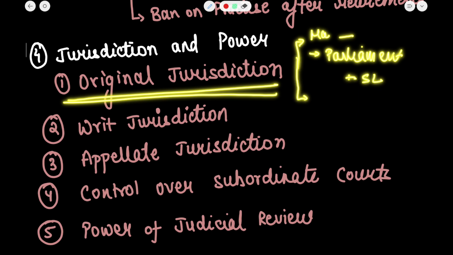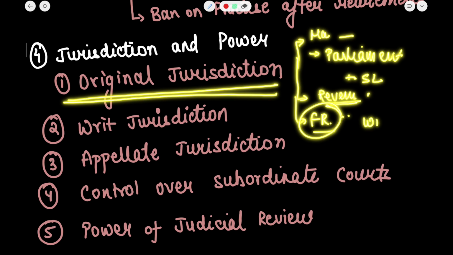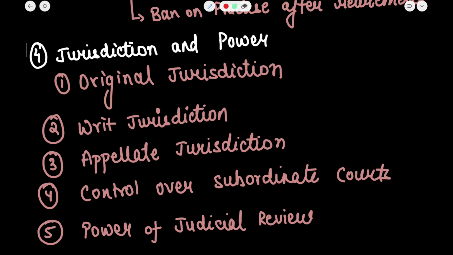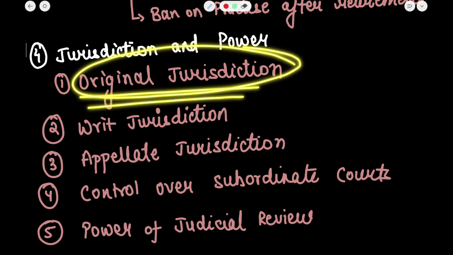Also, revenue matters or acts done in collecting revenues, and enforcement of fundamental rights. The writ jurisdiction of the High Court is wider than that of the Supreme Court, which I will explain shortly. So these are the matters in which the original jurisdiction of the High Court is exercised.